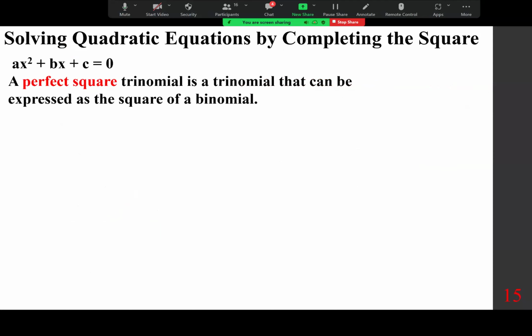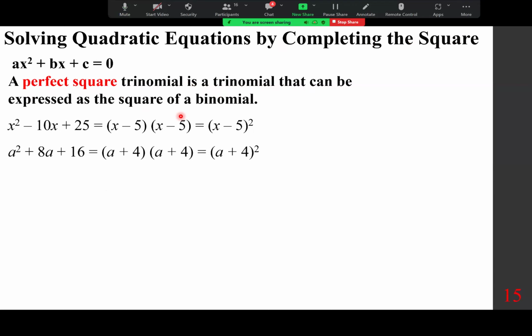Now, we're going to solve quadratic equations by completing the square, ax² + bx + c = 0. A perfect square trinomial is a trinomial that can be expressed as the square of a binomial. For example, x² - 10x + 25, everybody knows, is (x - 5)². a² + 8a + 16 is (a + 4)².